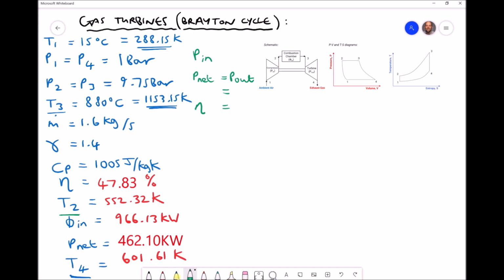Okay, so the first thing that we're asked to calculate here is P in. Now, the calculation for P in is as follows. P in equals m dot, specific heat capacity at constant pressure, times the temperature at the exit of the compressor minus the temperature at the entry of the compressor. Therefore, P in is 1.6 times 1005, times T2 in Kelvin, 552.32, minus T1 in Kelvin, 288.15.